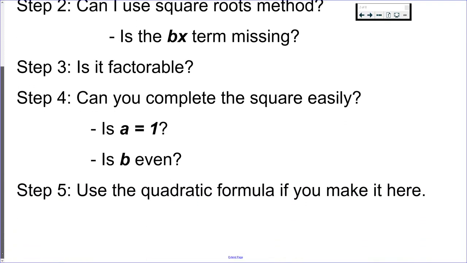This is the ideal pattern to work with completing the square: if your a is 1 and your b is even, then that should be an option. If all else fails, the go-to would be the quadratic formula.